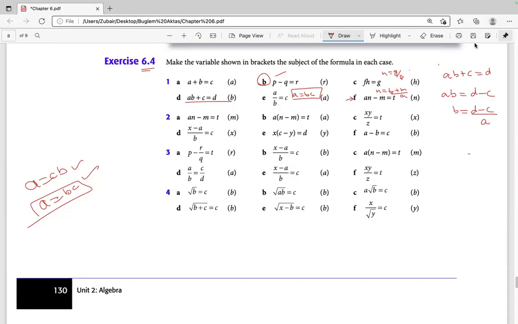T plus M over A. That's correct. Question number 2A. Making M the subject.